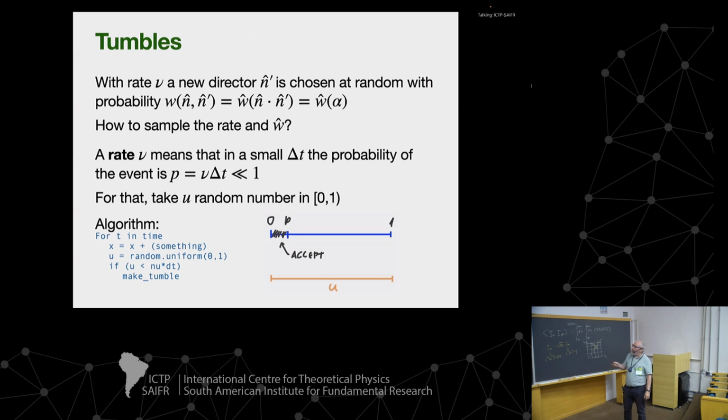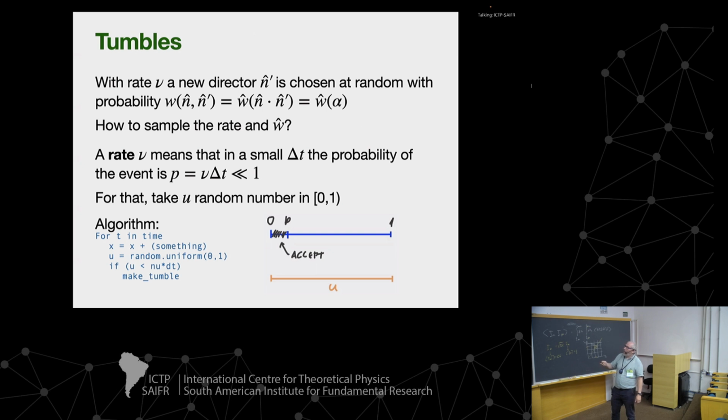You take a u between 0 and 1, and if u goes in this interval, then you accept. You do the tumble. And if it goes in the rest of the interval, you do nothing. So at every time step, you take a new number, you compare it with the p. If it's smaller than that, you do the action. So this is the algorithm.